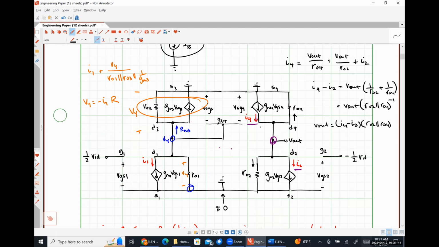So the base current is going to be 80 times smaller. The large signal base current is going to be 80 times smaller than the large signal collector current. So yeah.